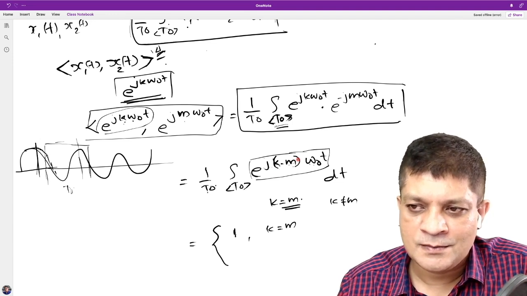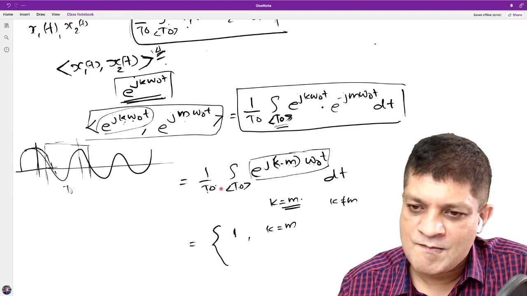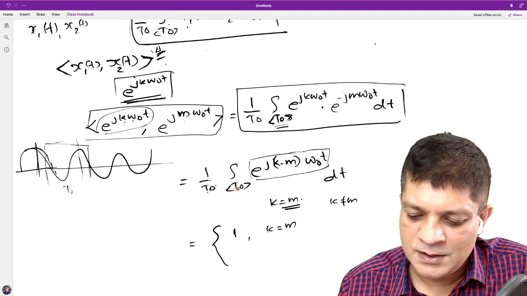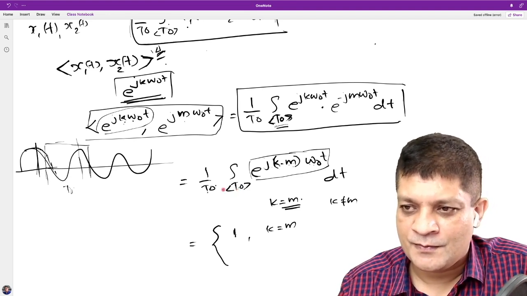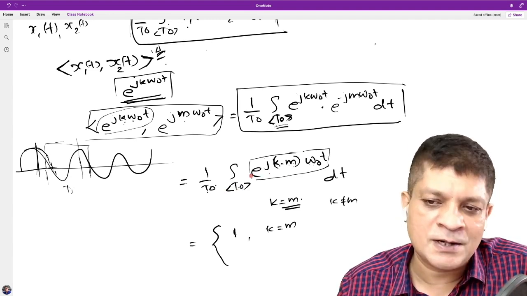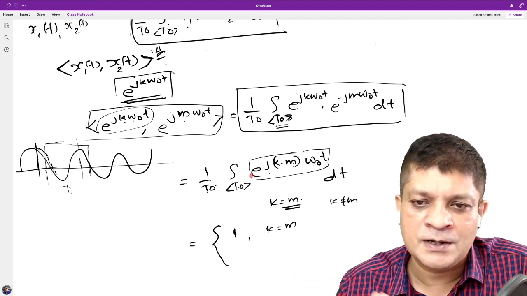Now we are integrating over what interval? T naught. The real part is cosine and the imaginary part is sine. If you integrate sine and cosine over one period, it is always 0.